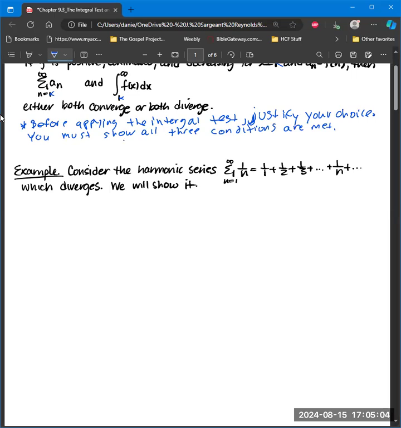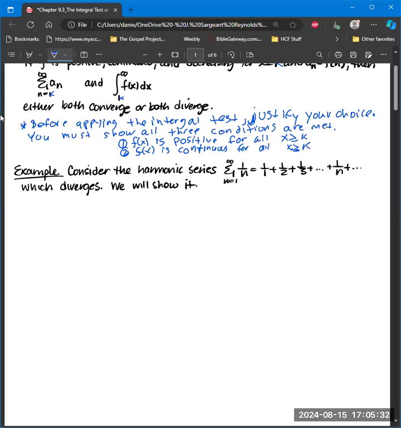Condition 1, f of x is positive for all x greater than or equal to k. 2, f of x is continuous for all x greater than or equal to k.